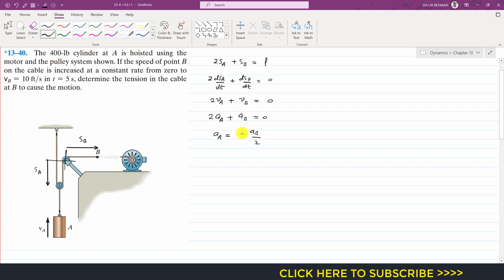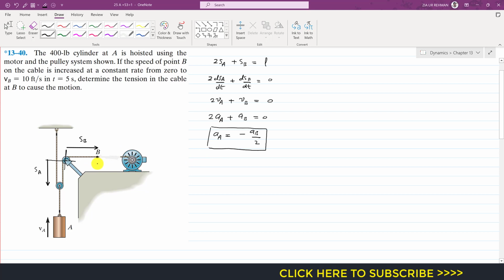This minus sign indicates that if point B is going towards the right, in the positive sense, the cylinder will move upward, which is the negative sense of SA. So this is the relationship of AA and AB, the acceleration of the cylinder and the acceleration of point B.